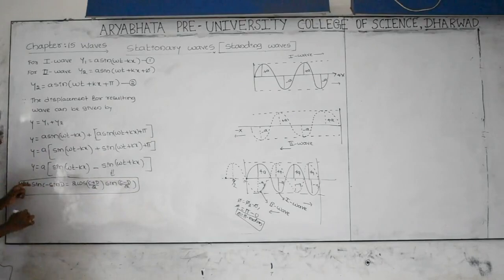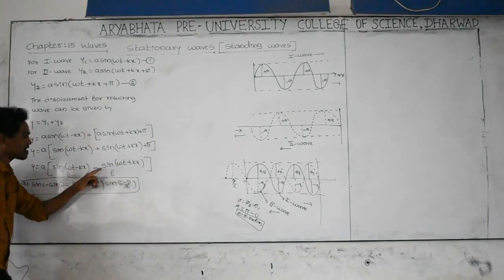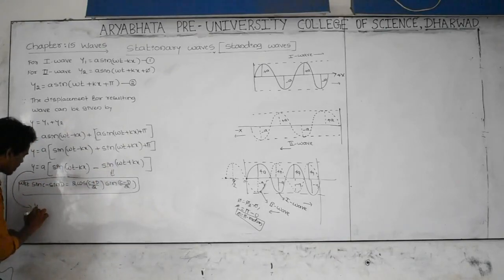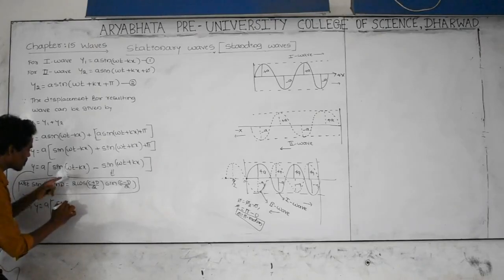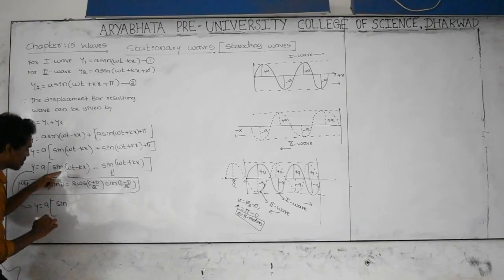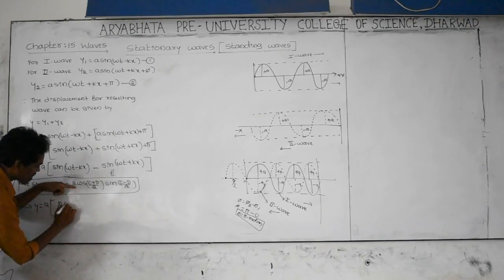And here this is also sin c minus sin d. Apply this formula here. Therefore this equation becomes y is equal to a times sin c minus sin d, which becomes 2a cos of (c plus d) by 2.